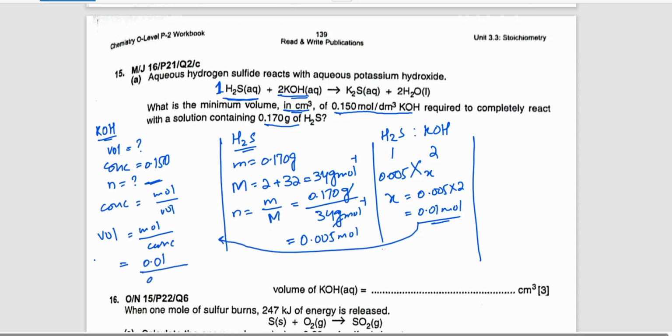Concentration is 0.150 mole per dm cube, so mole will be cancelled with mole. 0.01 divided by 0.150 becomes 0.066 dm cube. We have to calculate in cm cube, so multiply by 1000 and you will get 66 cm cube.